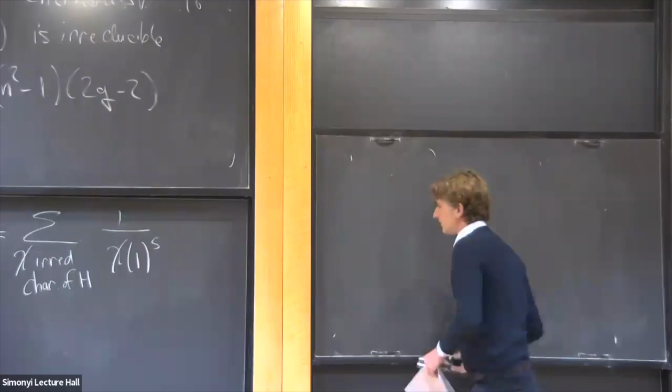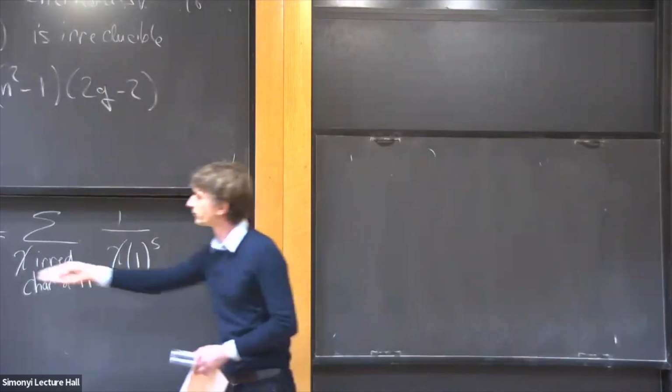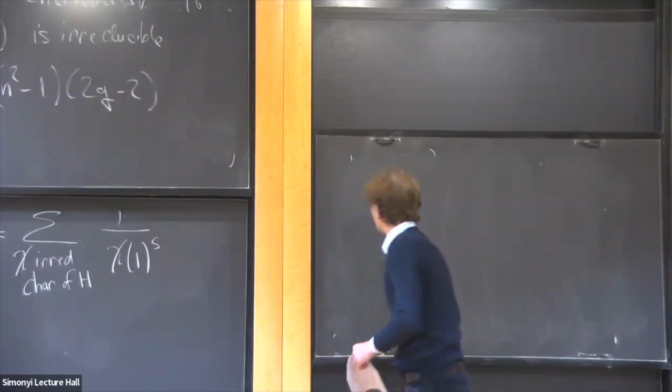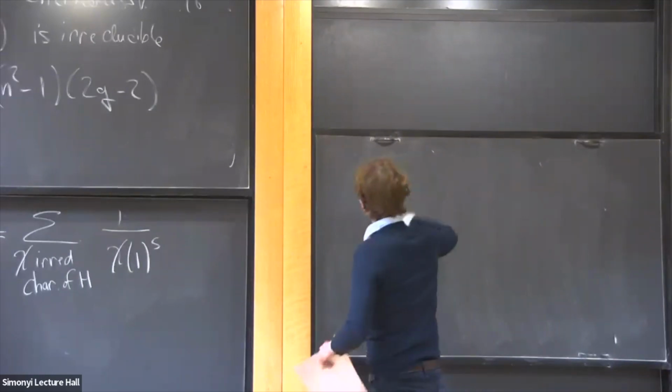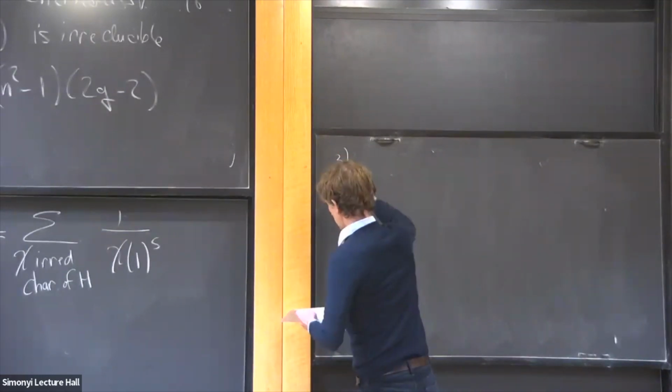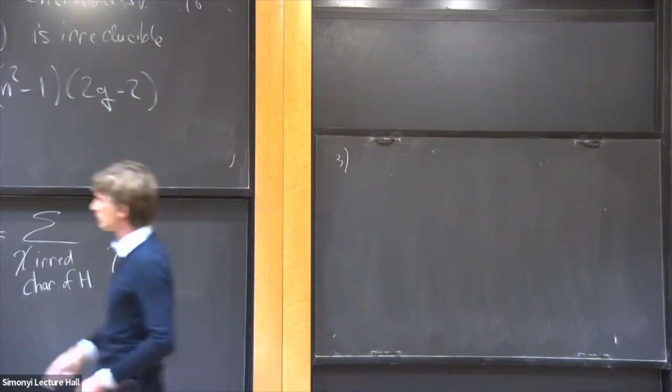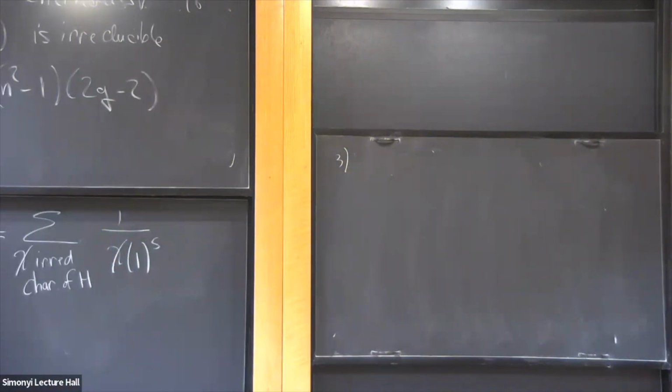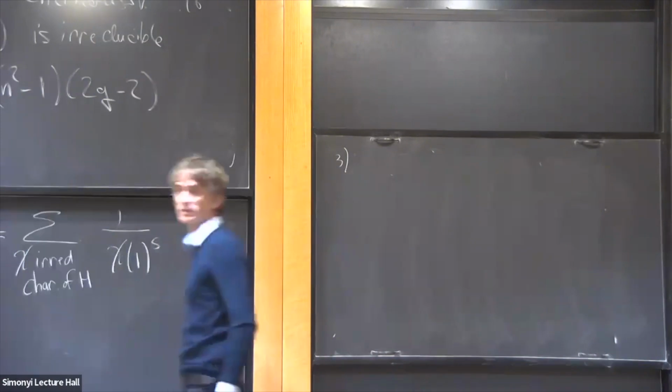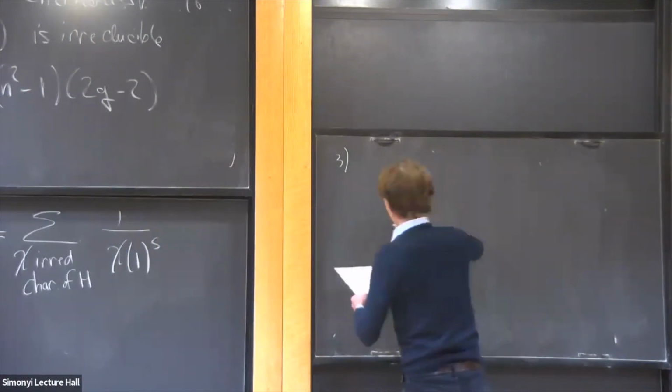So you see that if you combine this with Lang-Weil, then you're going to get what you want as soon as you can prove that the zeta function tends to 1 when q tends to infinity, right? So that's what they show.